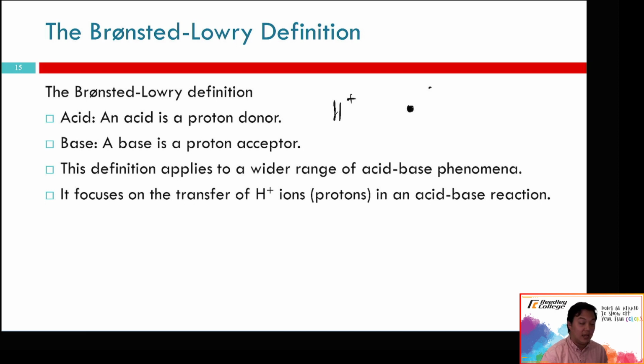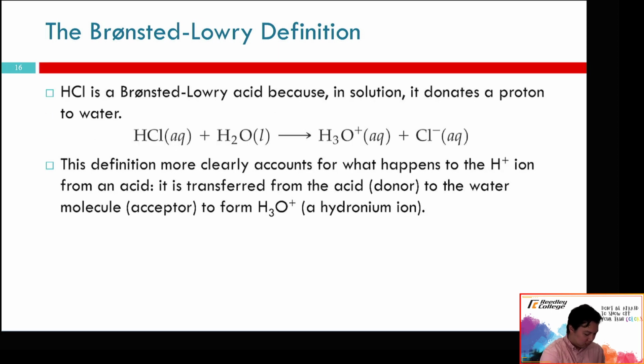So then a base is a proton acceptor. Acids donate protons, bases accept protons, and this definition applies to a wider range of acid-base phenomena. It focuses on the transfer of hydrogen ions or protons in an acid-base reaction. So HCl is a Bronsted-Lowry acid because in solution it donates a proton to water.